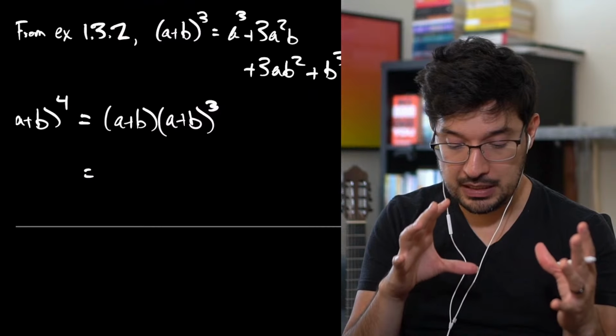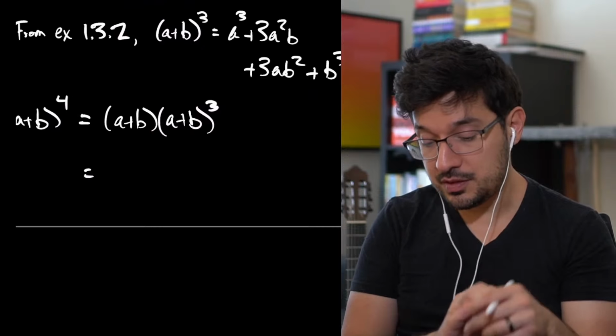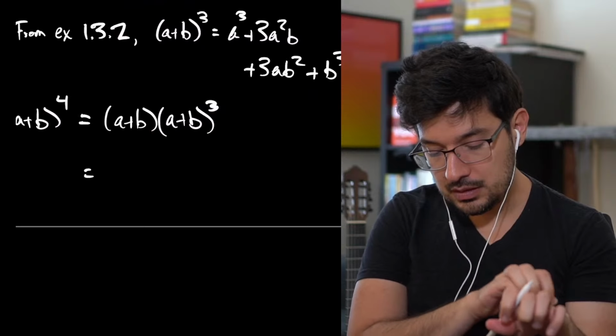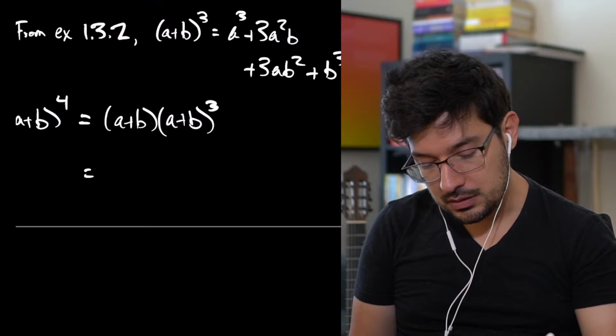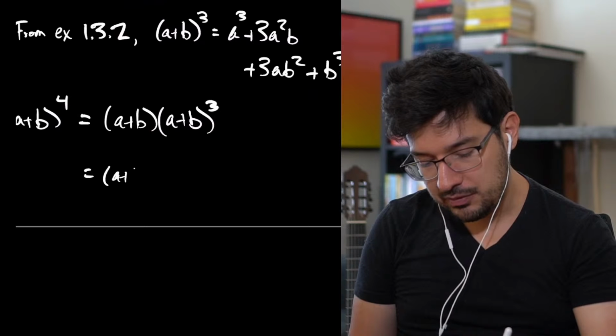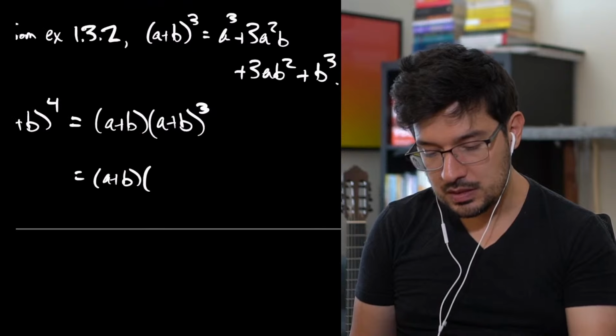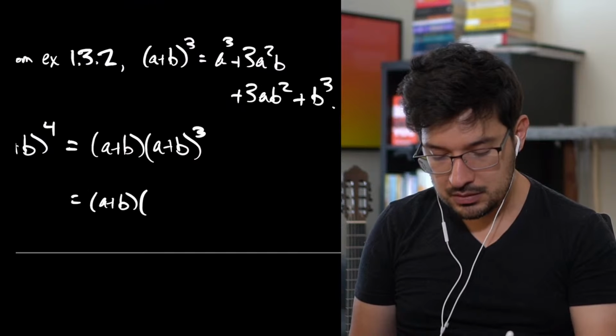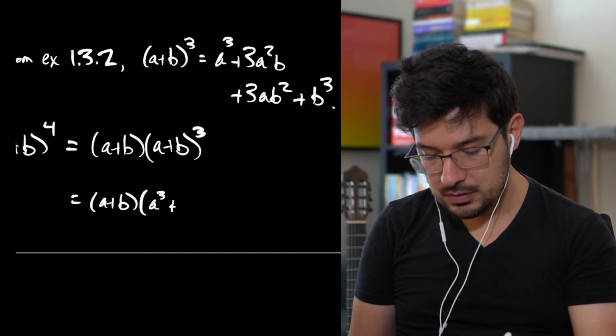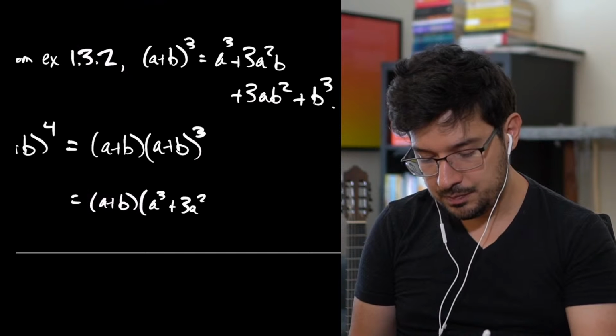So a plus b times a plus b to the third power. Now we have a plus b times the sum.